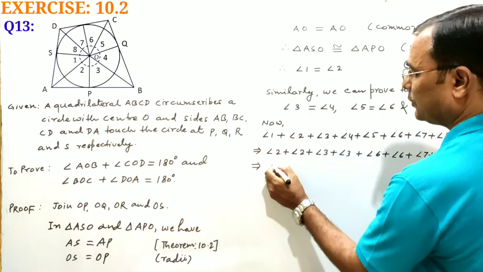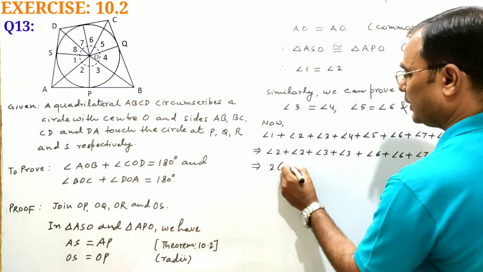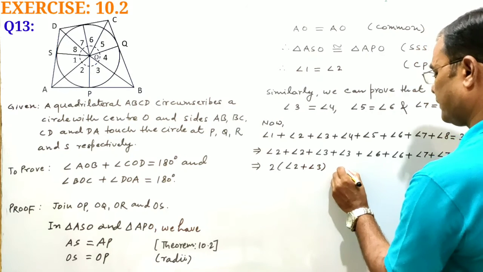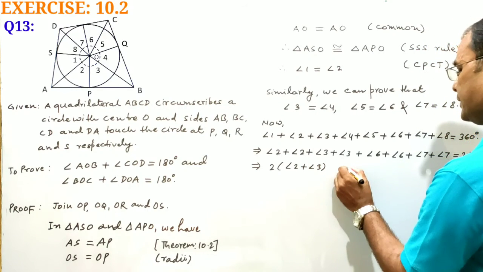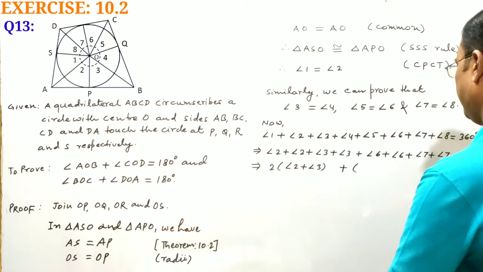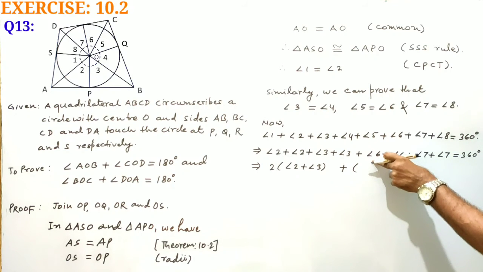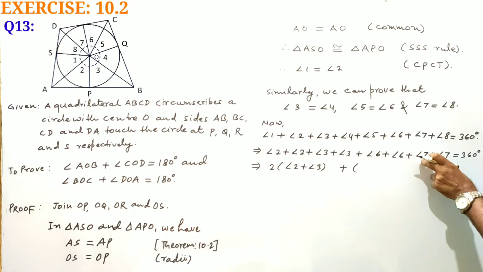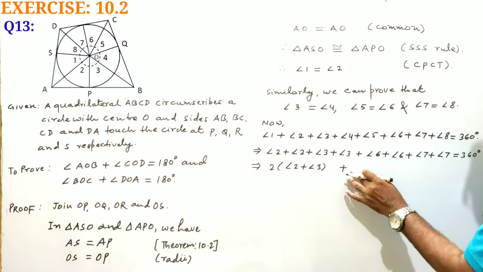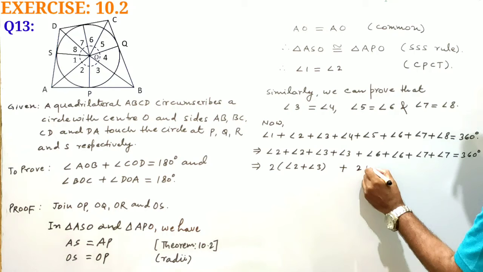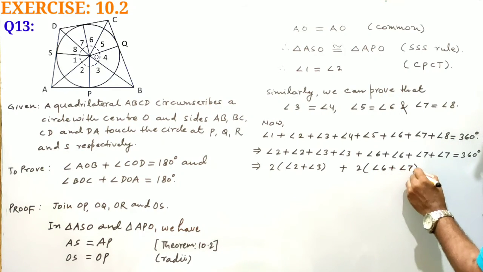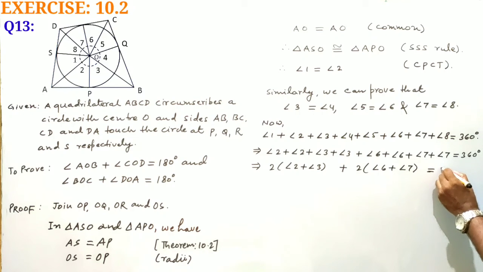So this implies angle 2 plus angle 2 is 2 into angle 2, angle 3 plus angle 3 is 2 into angle 3. So we can write 2 into angle 2 plus angle 3 plus angle 6 plus angle 6, 2 times angle 6, angle 7 plus angle 7, 2 times angle 7. So we can write 2 into angle 6 plus angle 7 equal to 360 degrees.